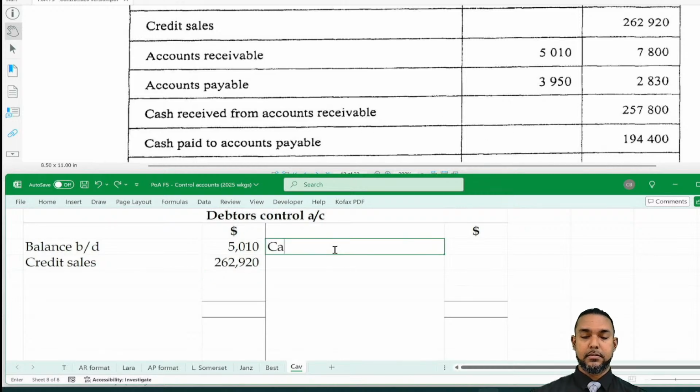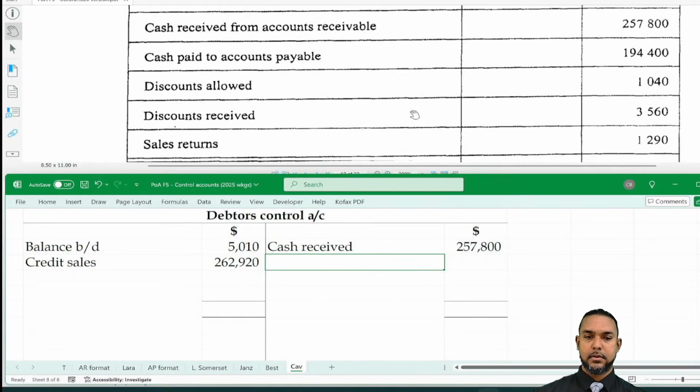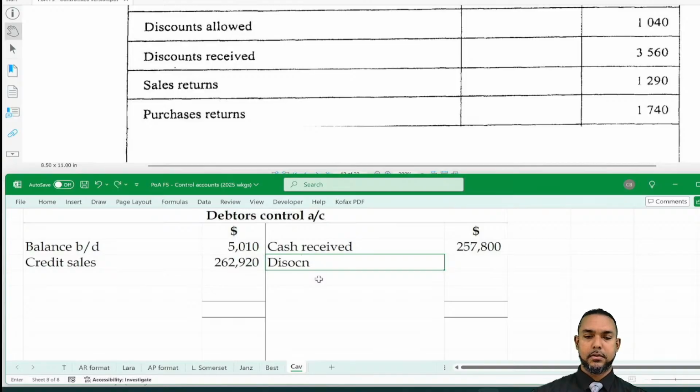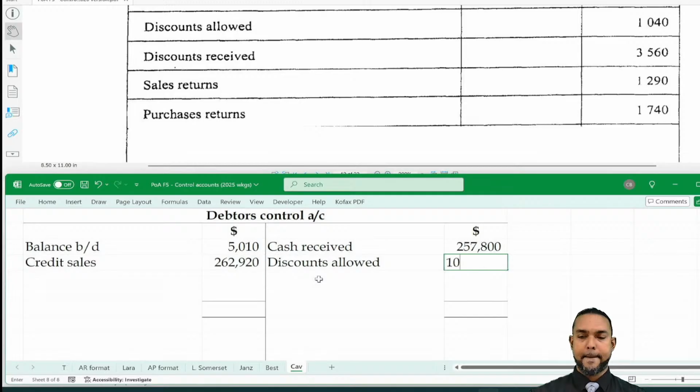So cash received. Discounts allowed. Right. Sales returns.